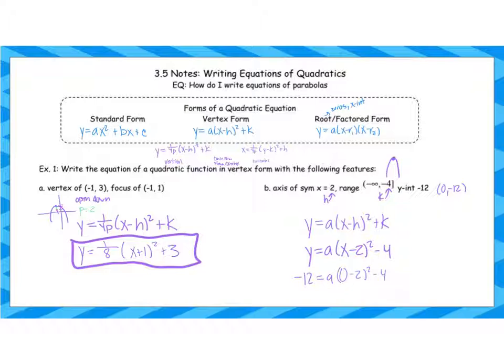So I can add 4. -2 squared would be 4. Then when I divide, I get that a is equal to -2. Now that I know what a is, I can go back to my original equation and replace that a with -2, and I get my equation.